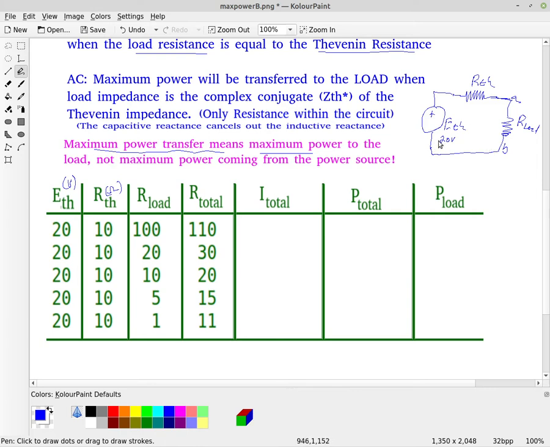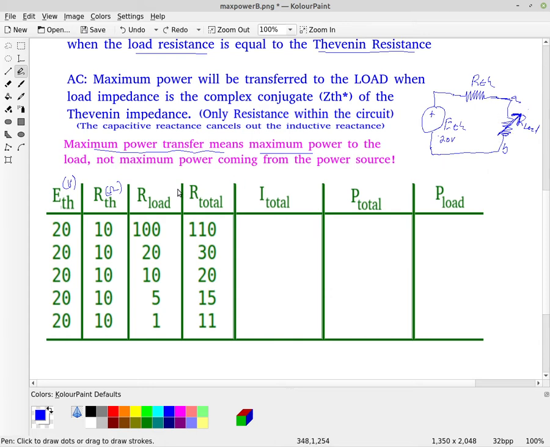All right, so again, I can't do anything with E Thevenin and R Thevenin, because those have already been dictated by my device, whether it's a radio or power supply or whatever. But what I can do is adjust my load, or choose a load that I'm going to attach to it, to give me maximum power to the load.